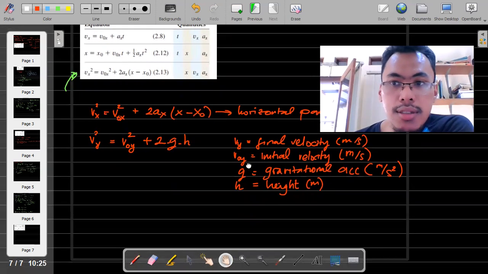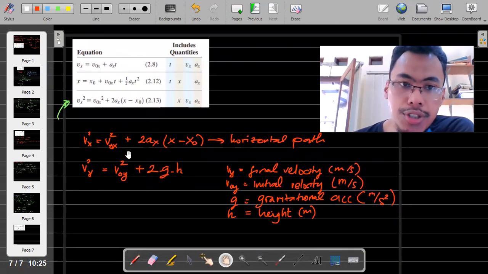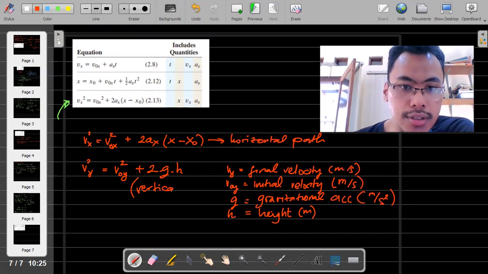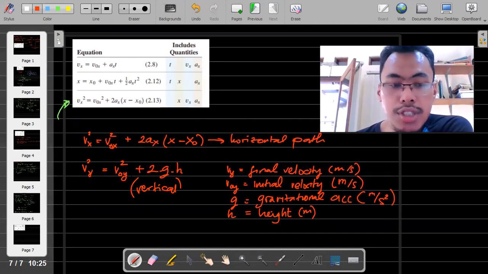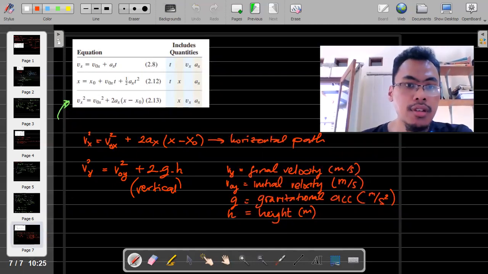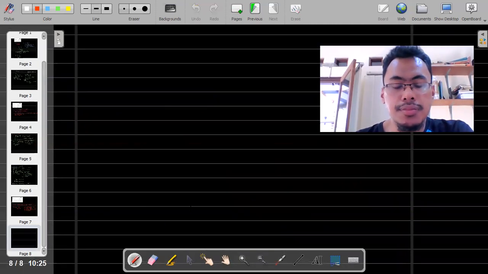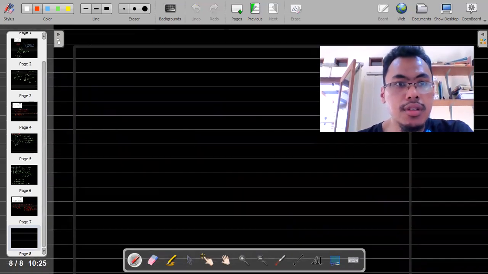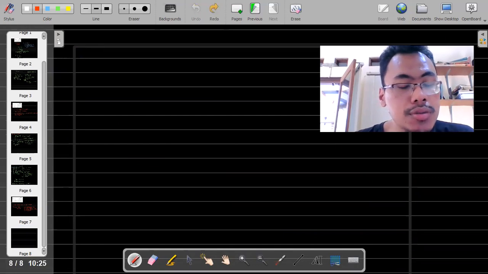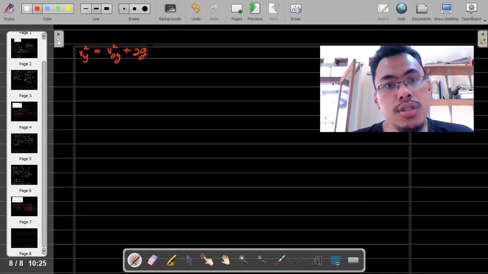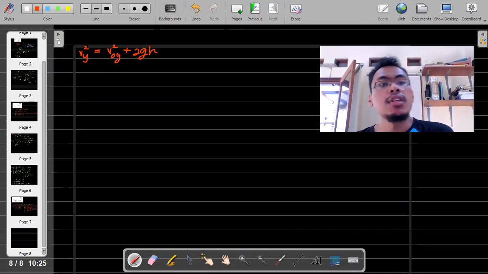Okay, now let's take a look if we apply this equation. This is for vertical. If we apply the vertical equation into the real case, Vy to the power of 2 equals V0y to the power of 2 plus 2gh.